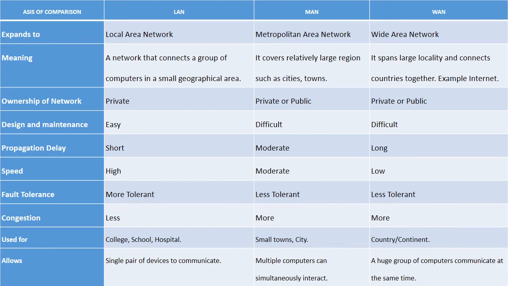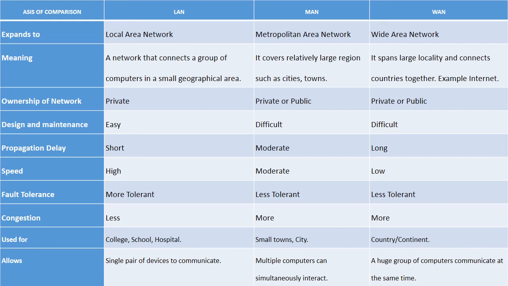This table shows the overall comparison of the networks: LAN, MAN, and WAN. Expenses are given. For ownership, LAN is private, MAN can be private or public, and likewise WAN can be private or public. For maintenance, LAN is easy, but MAN and WAN are difficult. The delay is very short for LAN, moderate for MAN, and takes a long time for WAN. Speed is high for local area networks compared to MAN and WAN.